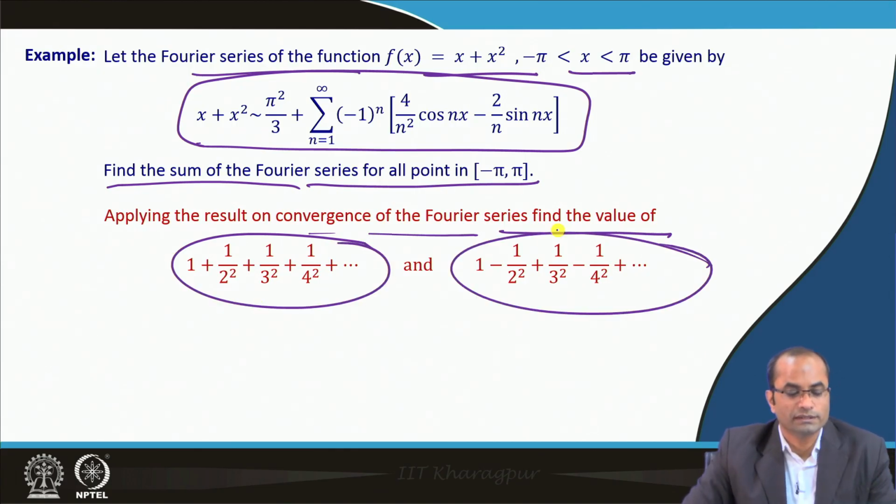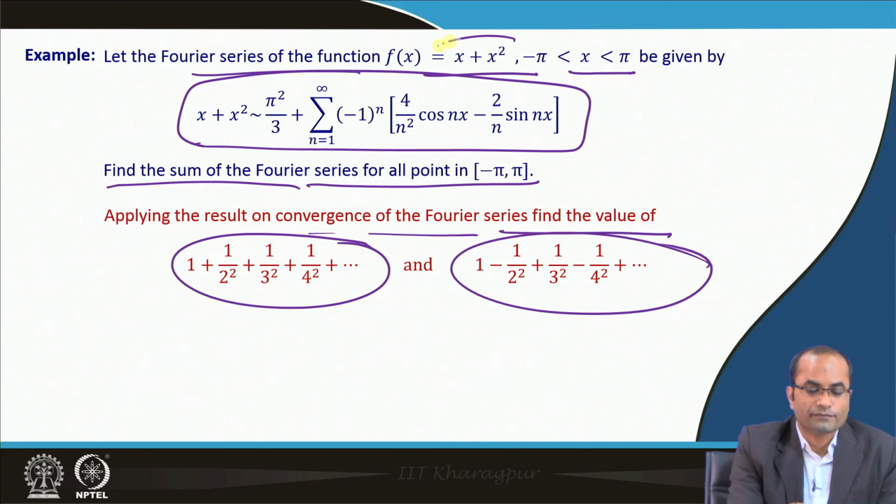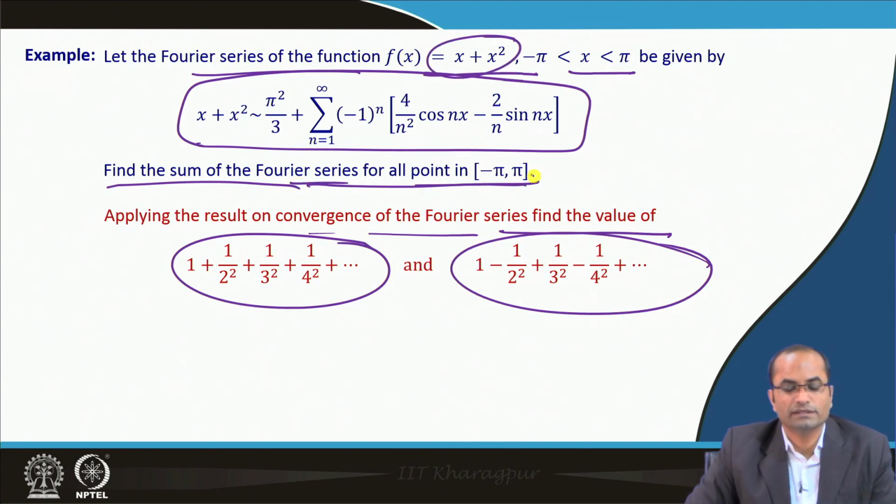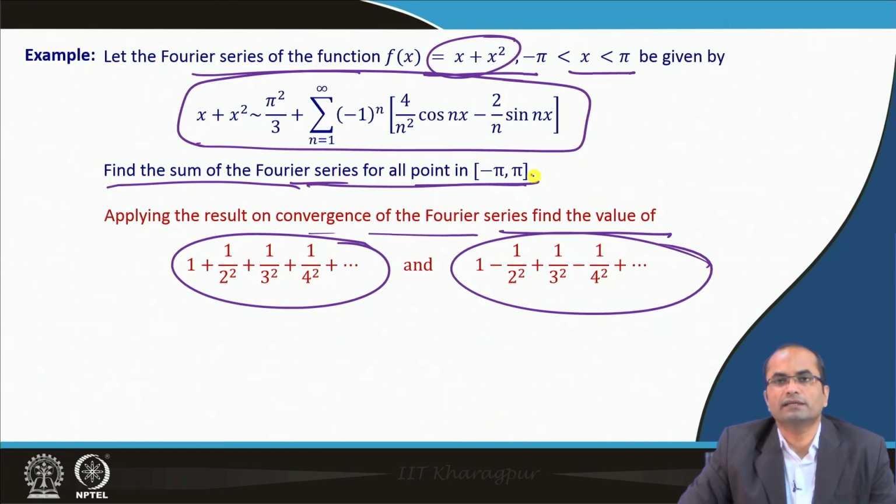Concerning the sum of the Fourier series at all points in the interval, we can apply the Dirichlet theorem. At a point of continuity, it will be exactly equal to the functional value, and wherever we have a discontinuity, we have to take the average value of the two limits.